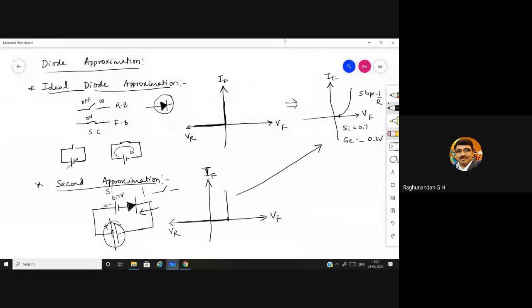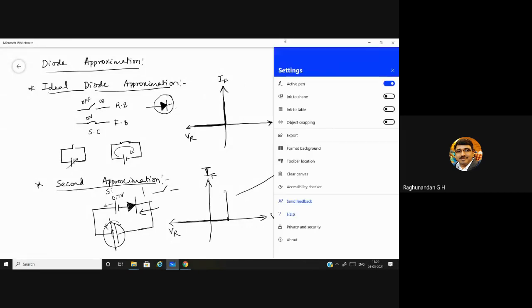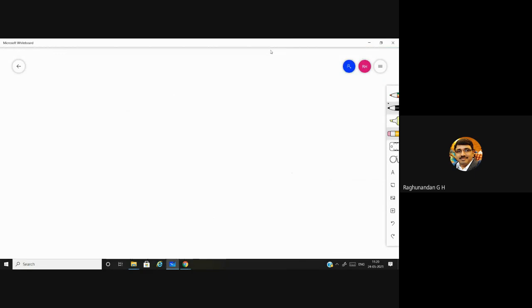So they went on to the next approximation, which is known as the third approximation, or the piecewise linear approximation, or piecewise linear characteristics, because in order to prove this, they used piecewise linear equations of mathematics. See, we might rig up any circuit, but we need to have a design.